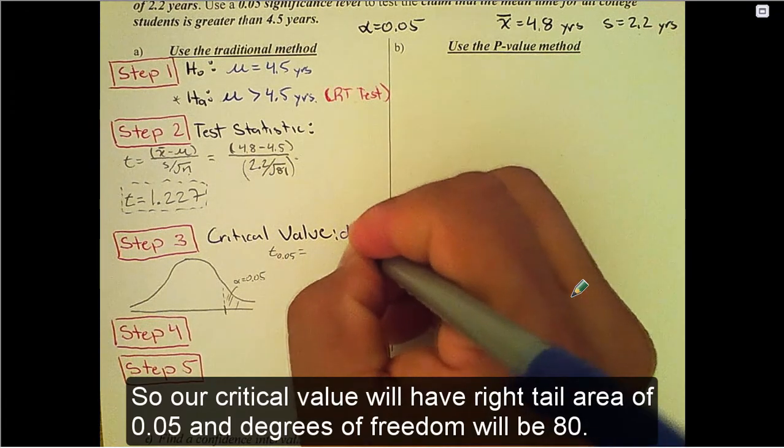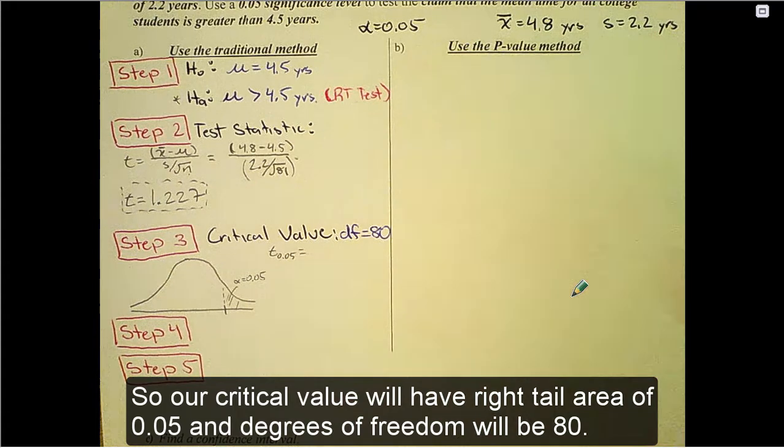So our critical value will have right tail area of 0.05 and degrees of freedom will be 80.